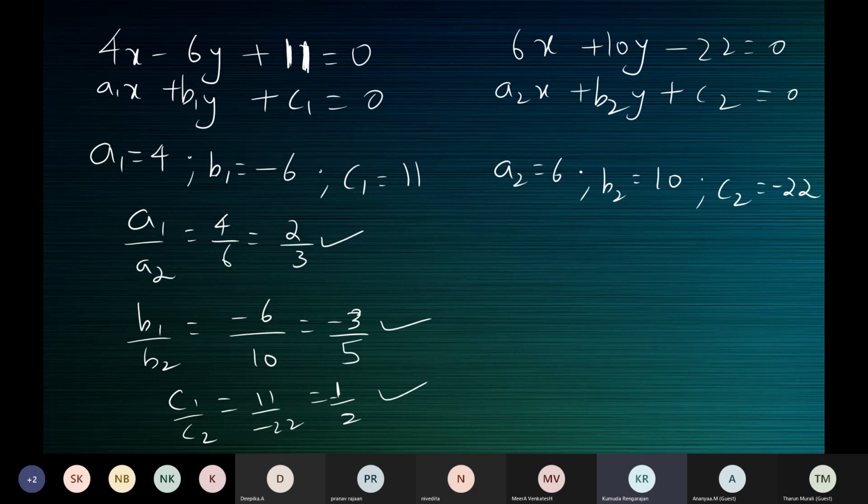What do we understand here? A1 by A2 is not equal to B1 by B2. What is A1 by A2? 2 by 3. What is B1 by B2? Minus 3 by 5. They're not equal. So when A1 by A2 is not equal to B1 by B2, the two lines are intersecting lines. Now you will ask how. When we do the graph, when we solve, you will understand. I'll tell you again.